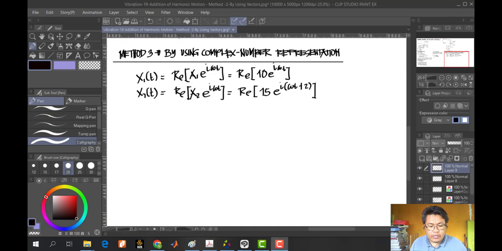Now, to find the real part of the complex number, we simply multiply the magnitude by the cosine of the angle.